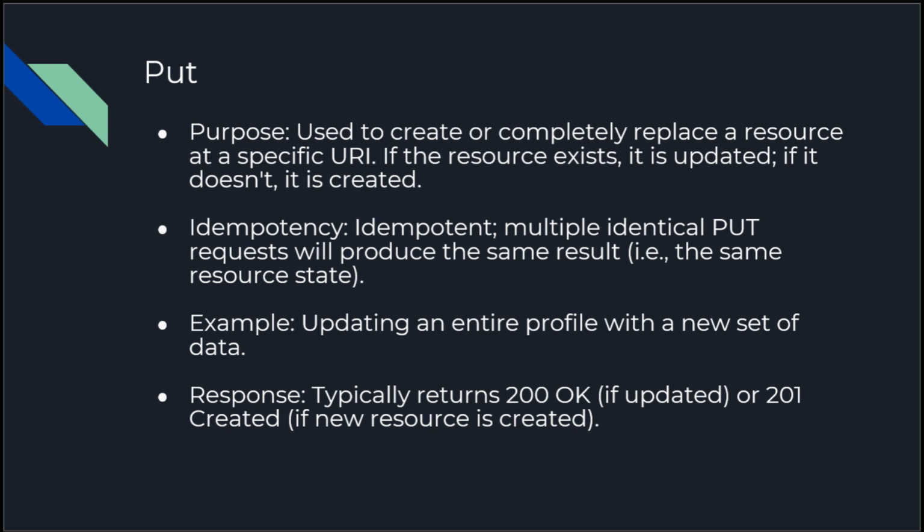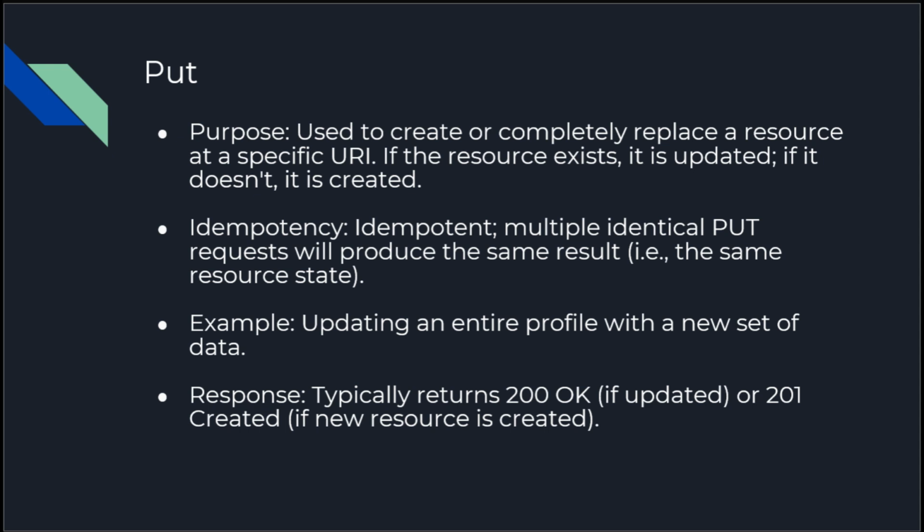Now turning to idempotency: PUT is idempotent. Multiple identical PUT requests will produce the same result. We are updating it, right? If there is an employee name A and we are updating it with B, it would be updated as B in the consecutive requests. An example is updating an entire profile with a new set of data, and the response we receive is typically 200 OK if updated and 201 if a new resource is created.